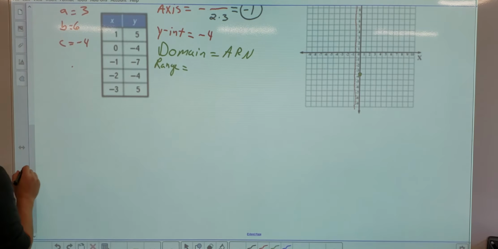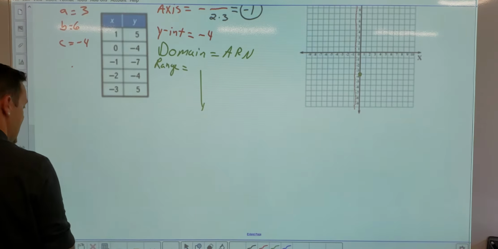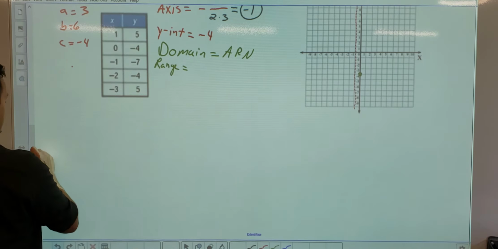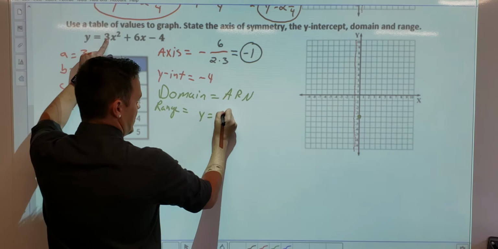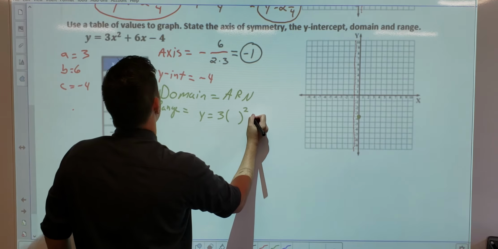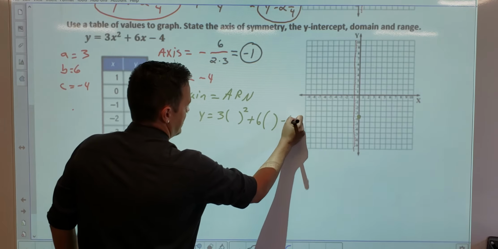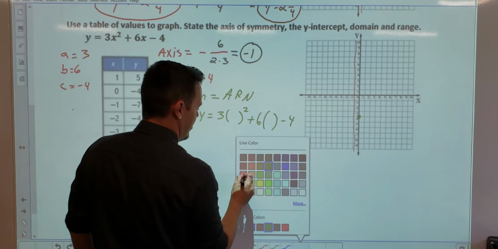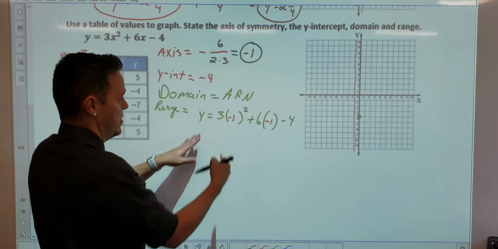So let me expand this out a little bit here. Okay, so it's going to be y equals 3, and then we're going to put a little gap here, squared plus 6, and then we're going to put something in there, -4. And that's something, as we said earlier, is what? -1. That's what x value is, because we want to know what the y is.